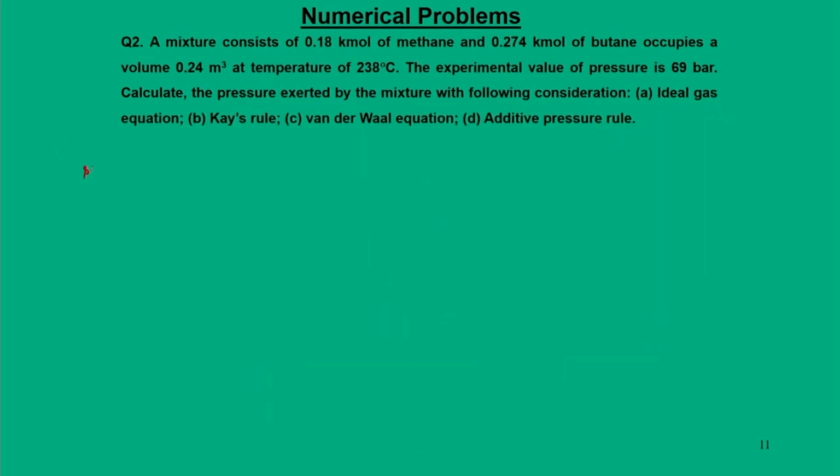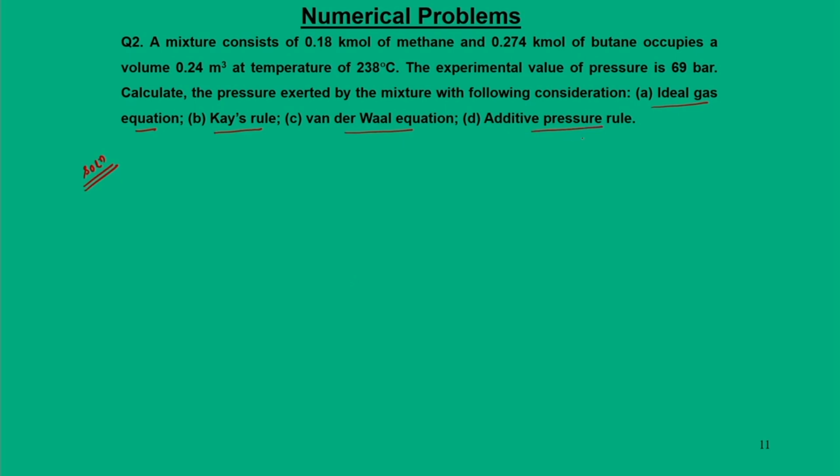The next problem is about evaluating the pressure exerted by the mixture under different rules: one is the ideal gas equation, another is Kay's rule which we studied earlier, the third is the Van der Waals equation, and the fourth is the additive pressure rule.